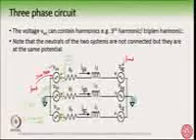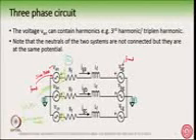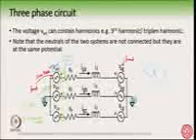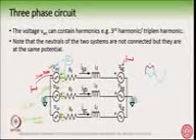Then why did we add this VH? Because we added the VH in such a way that we get more VAN. As I told you earlier, if this is VN, we add the third harmonic in such a way that we push the VAN voltage something like this.